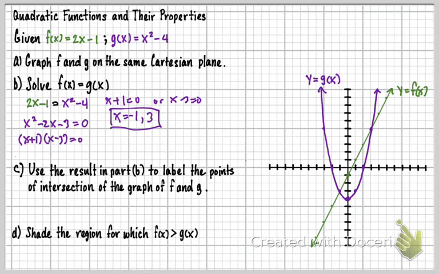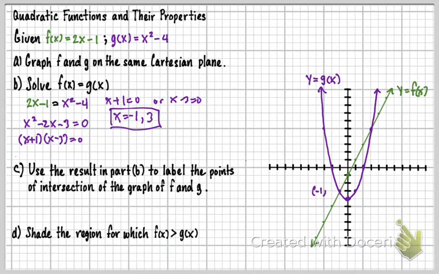So now I know right away that the x value for this point here is -1 because of this value here. So I know that's -1, and to find the y value of that, I can plug it into either equation, because think about the y value there. Since that point is on both of those graphs, the y values and x values are going to be the same.